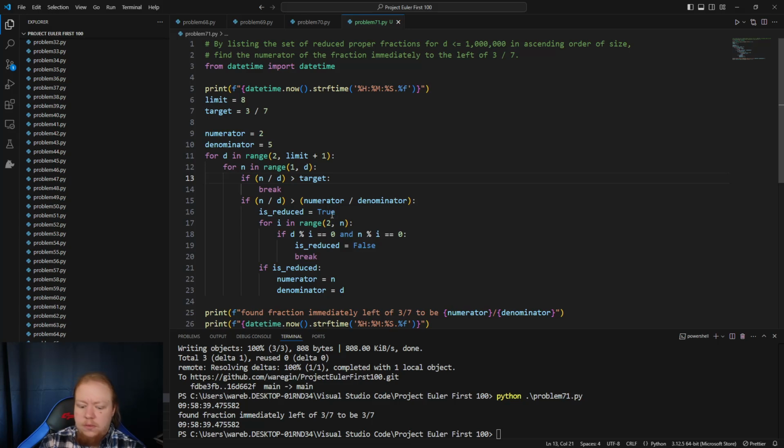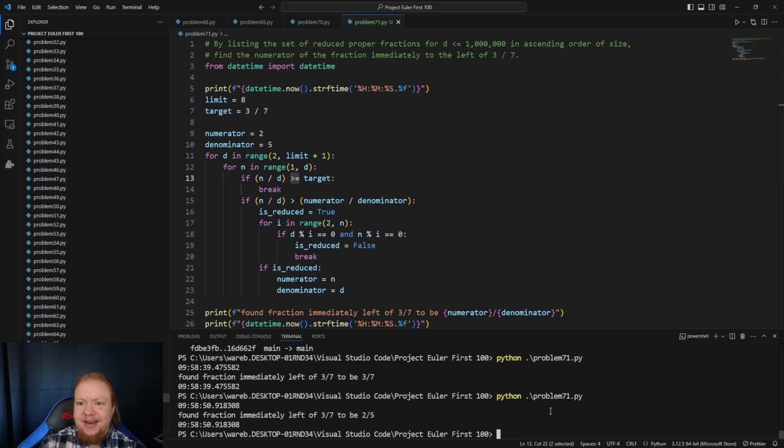Oh, that clearly needs to be an equal sign, huh? Okay. So, for a limit of 8, it just worked.